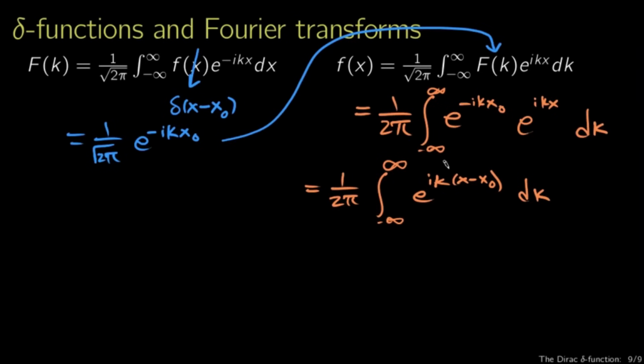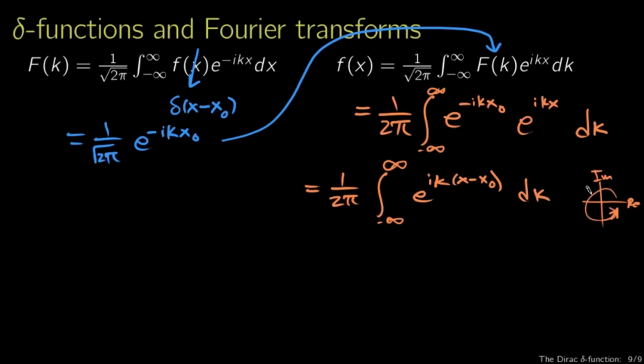This is just e to the i times something times k. So this is your complex number rotating around in real-imaginary space in the complex plane. As k increases, you're just rotating around. So this is effectively a spiral if you want to think about it as a function of k. Depending on the value of k, you're just rotating around.